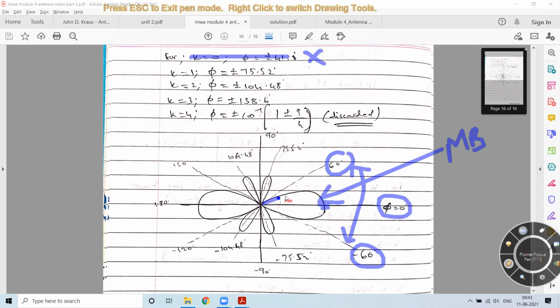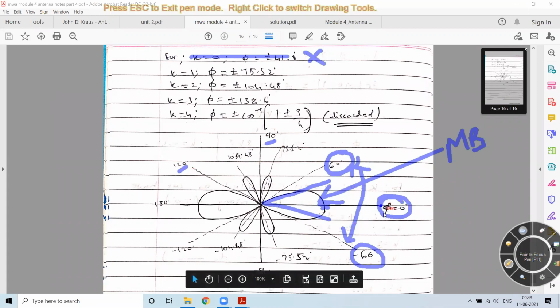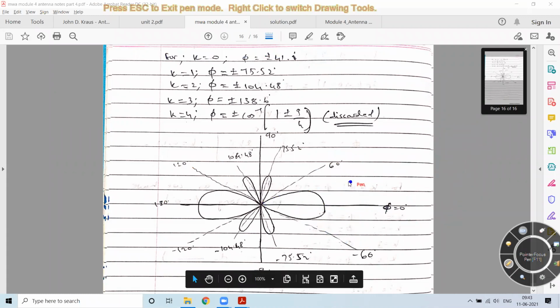But you are observing that the nulls are occurring at plus minus 60, plus minus 90, plus minus 120. And phi equal to 0 and phi equal to 180 degrees, you have a main lobe. So I cannot have a side lobe over here. I can have a major lobe present between these two. So it is based on all the conditions we are considering.